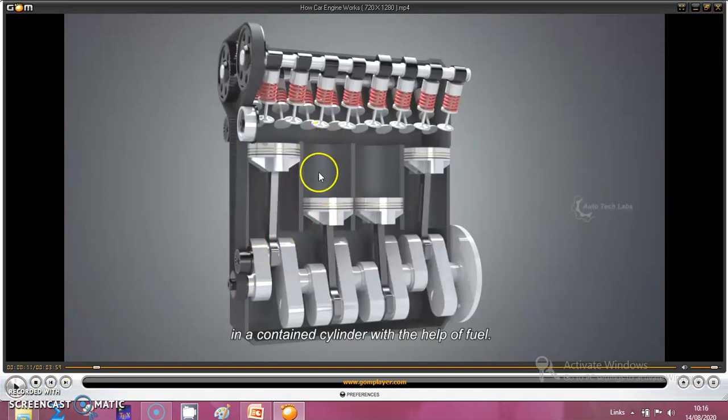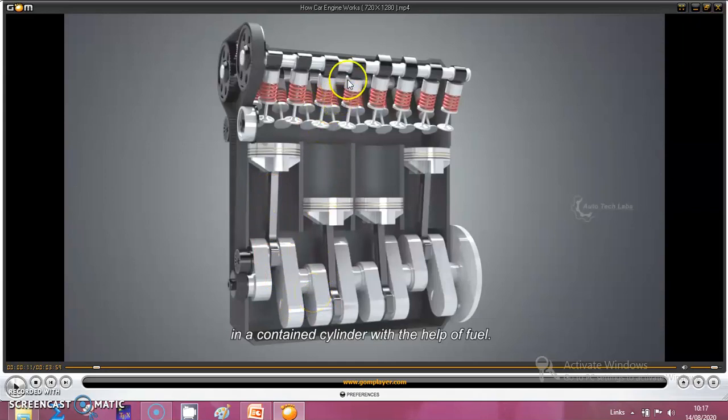The main parts of the engine are: one, the cylinder. Then we have this piston. Then we have this connecting rod. We have this crank and crankshaft, which converts the reciprocating motion of the piston into rotary motion.